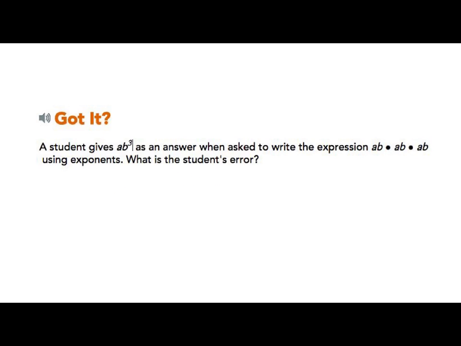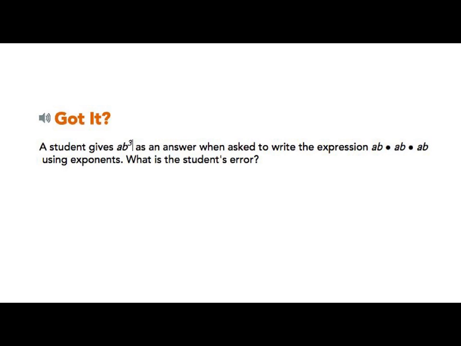Well, if I look at AB to the third power, it is not the same as writing AB times AB times AB, right? When you break this up, and let's do that right now, AB to the third power means literally A times B to the third power.